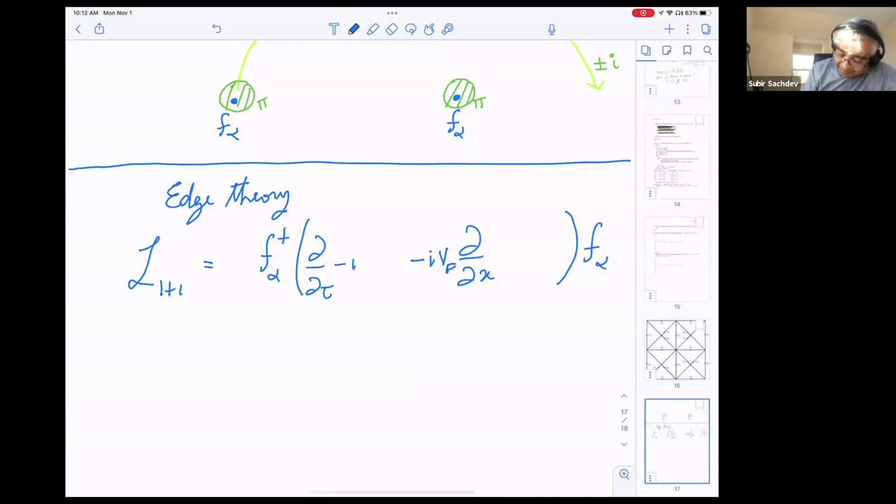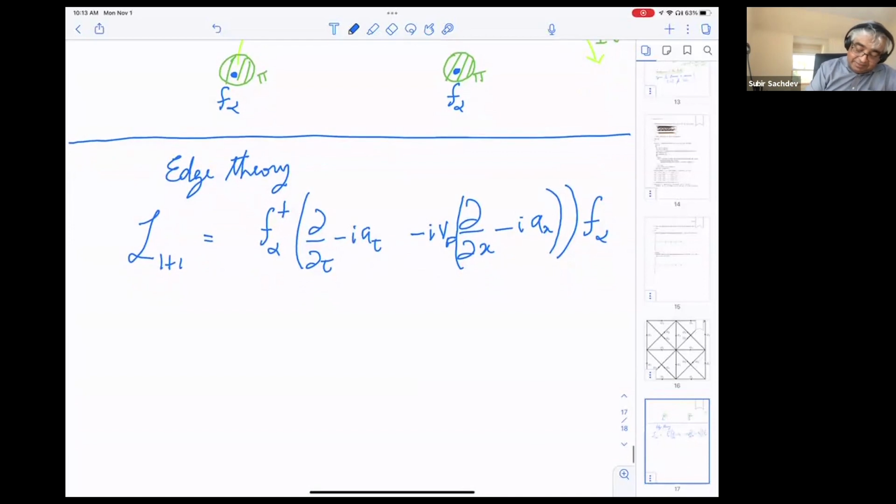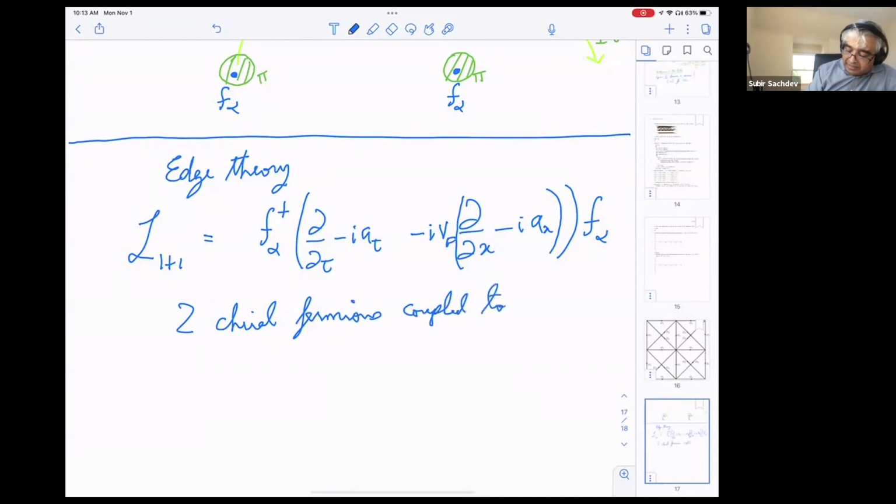So it'll be minus i A_tau minus i v A_x. The A_y won't matter because they're not moving in the y direction. So this is the theory we have on the edge. The edge theory is two chiral fermions coupled to a U(1) gauge field.